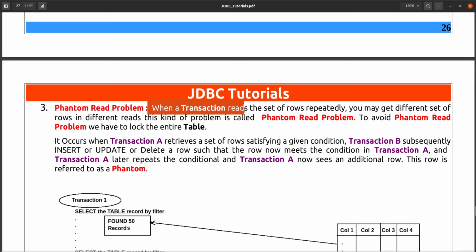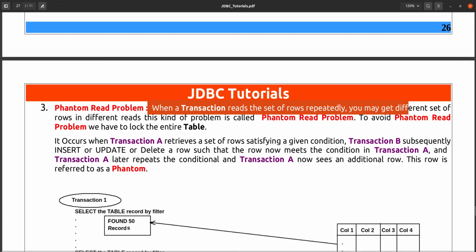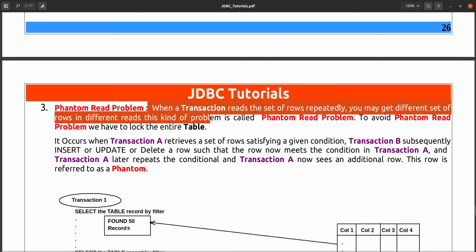When a transaction reads a set of rows repeatedly, you may get a different set of rows in a different read. This kind of problem is called the phantom read problem. To avoid it, we have to lock the entire table.